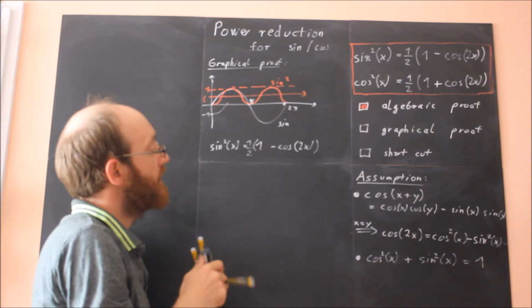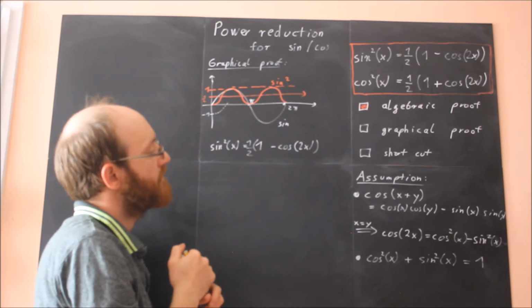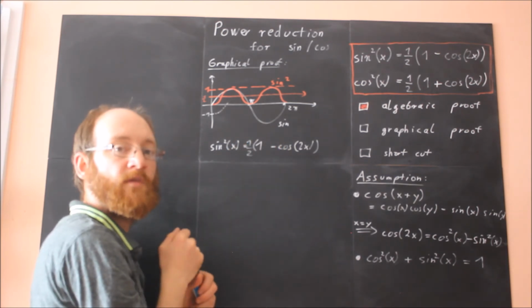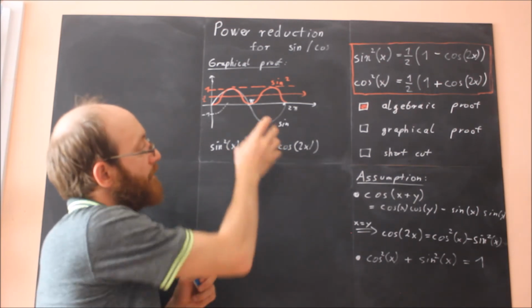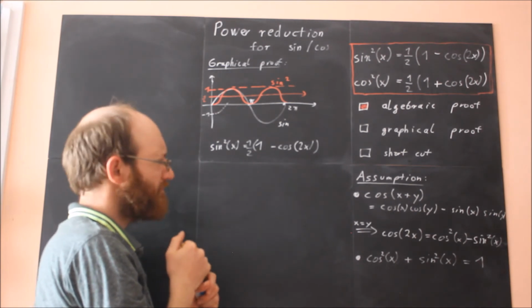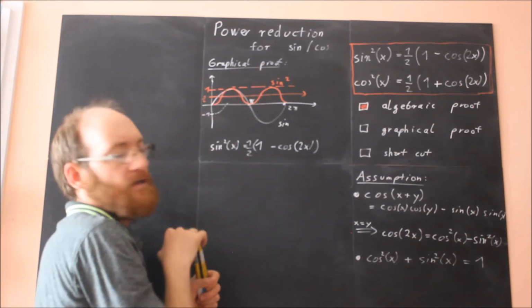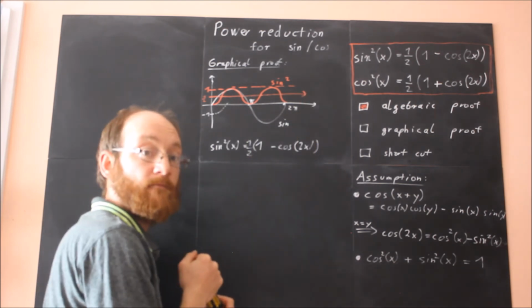This is a very nice method in my opinion if you need to recognize this formula. If you have done this a couple of times, it's very simple. Please pause the video and try this graphical proof with the cosine squared.